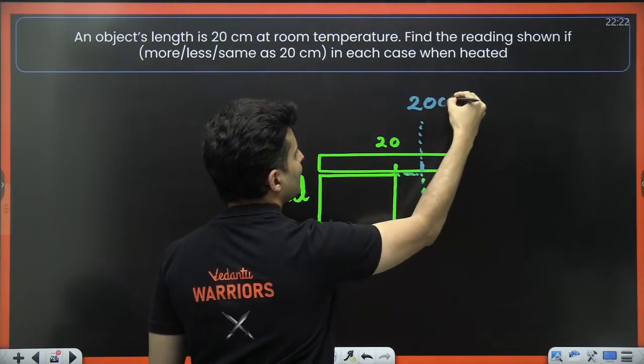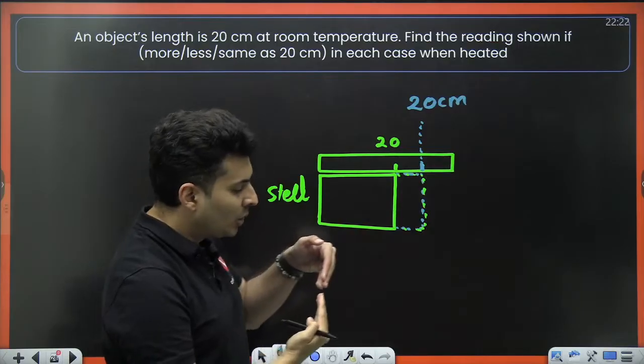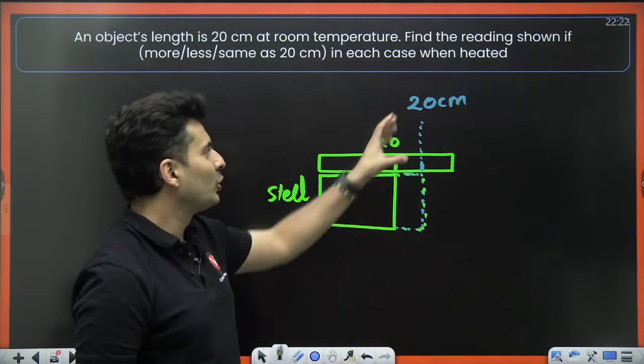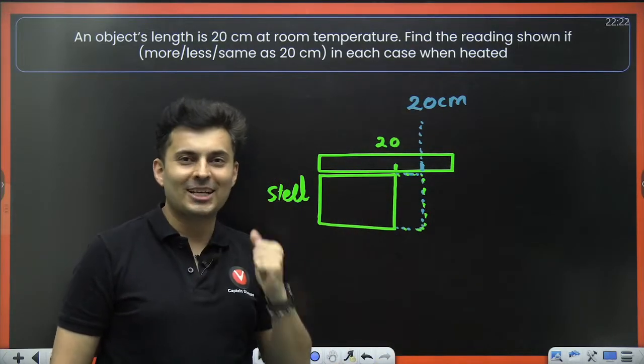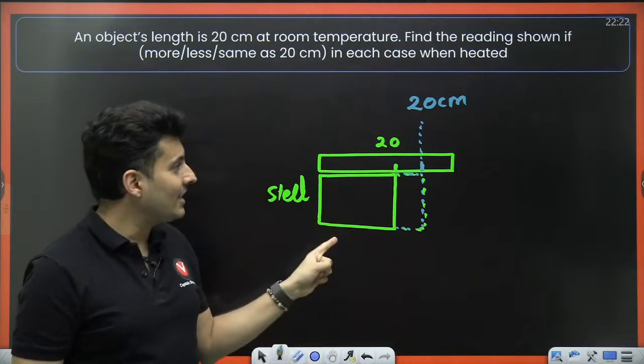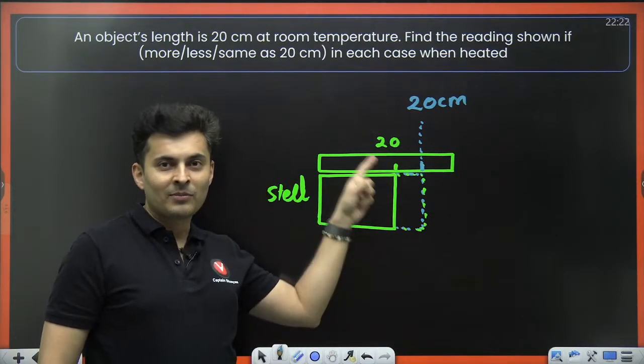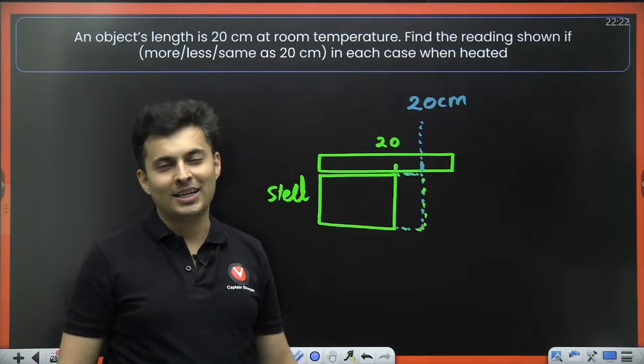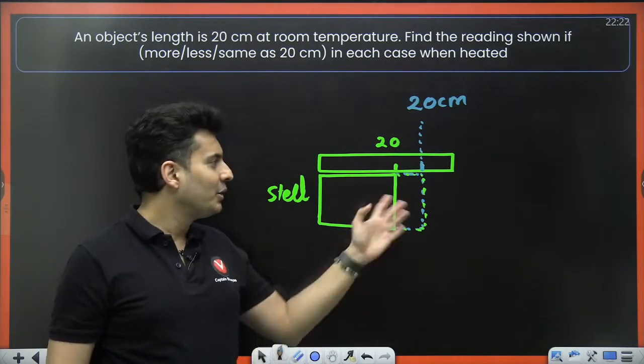This will be exactly 20 centimeters because both of them will expand together. So you will feel, oh my god, the object didn't expand. But little do you realize that even my scale has expanded. So maybe that's why I did not get the true reading.